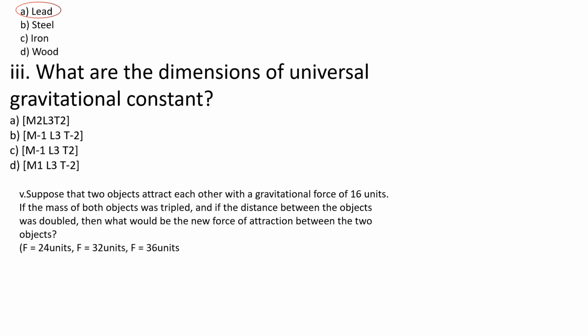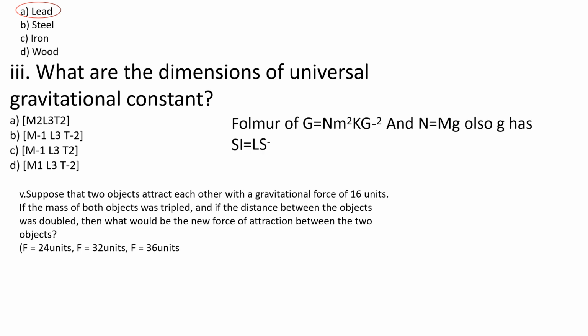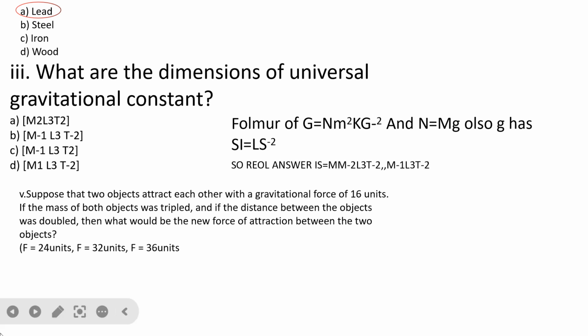So for finding the dimension of the universal gravitational constant, we must use the formula where we know G is Newton meter squared over kilogram squared. You see the Newton is equal to mass times acceleration, and the unit of acceleration is meter per second squared.